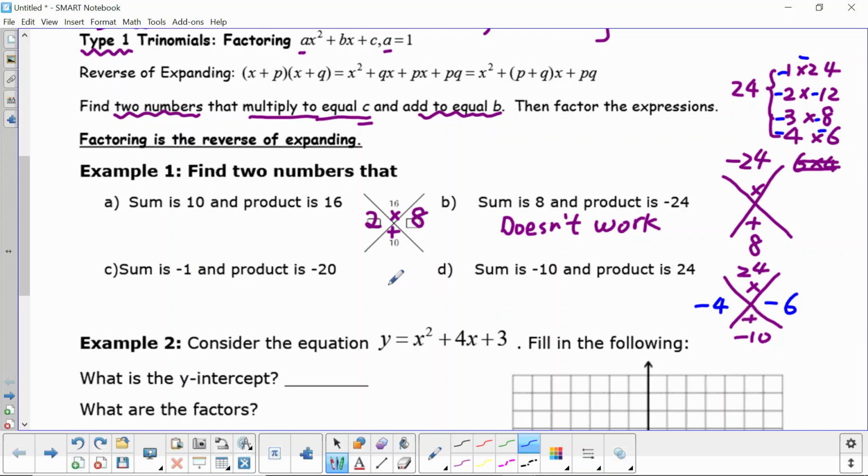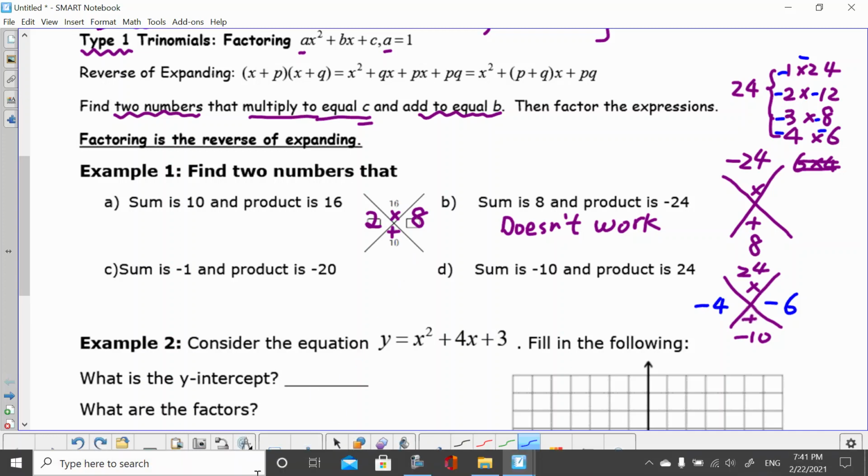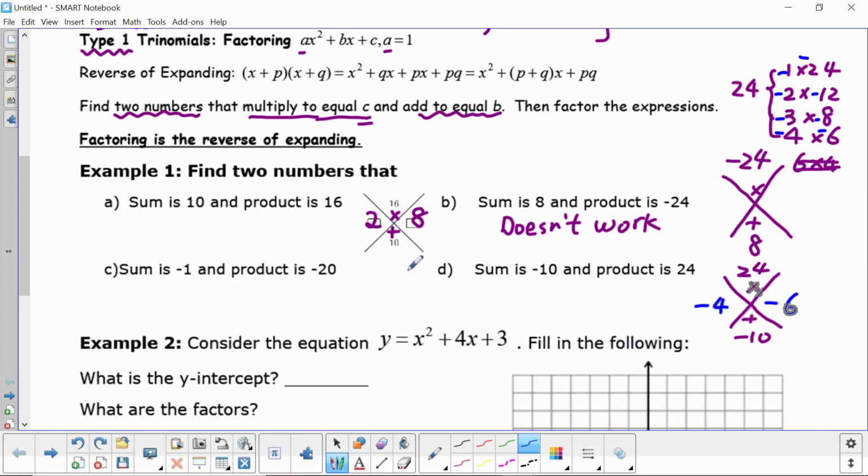Then I will pause this video and you are going to try to find these two numbers. Add together is negative 1, times together the two numbers times equals negative 20. So I give you 2 minutes, figure it out, then we are going to take it up.